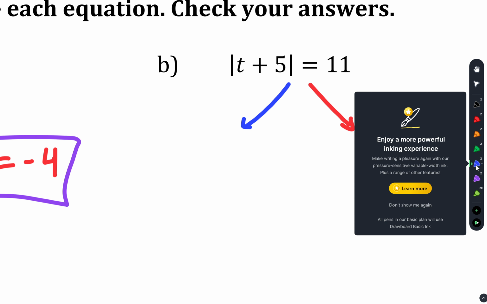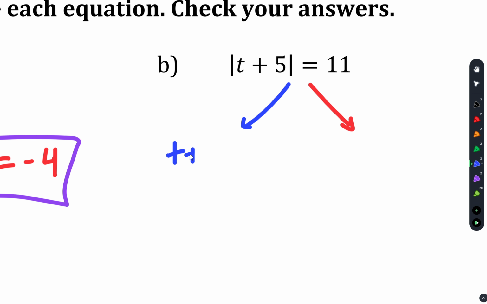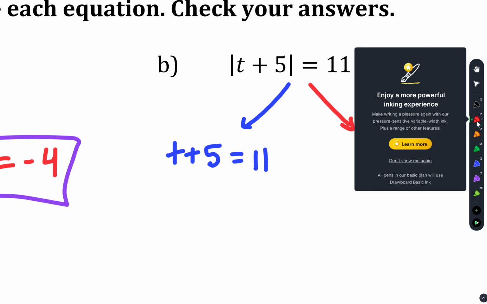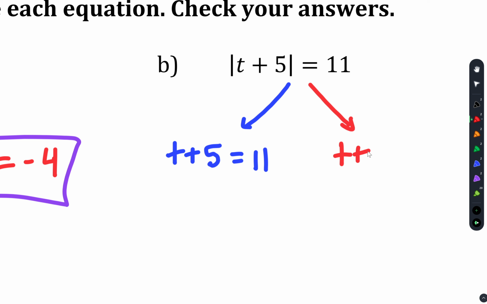The first equation will literally just be the exact same, except I've gotten rid of the absolute value symbol. The second equation will be pretty much the exact same, except that 11 on the other side is now going to be negative 11. That's all I'm doing here.